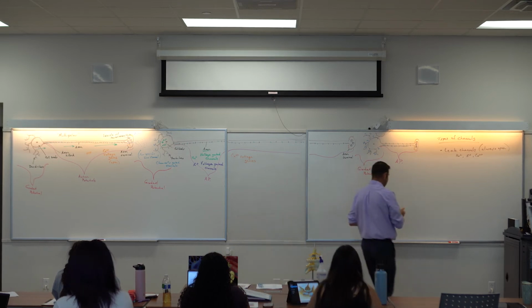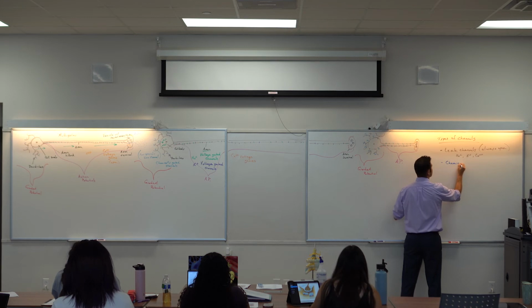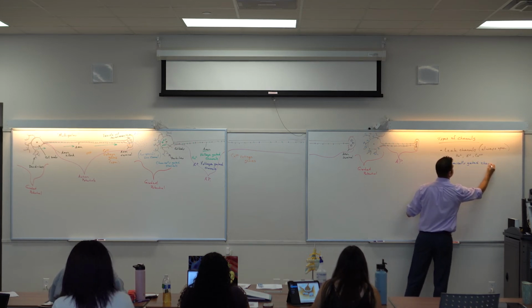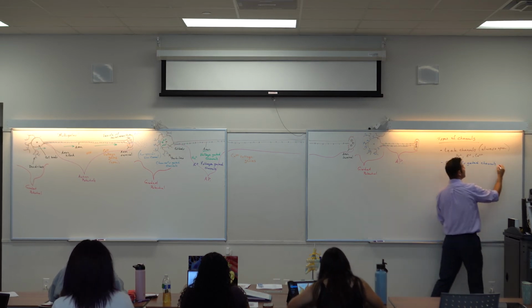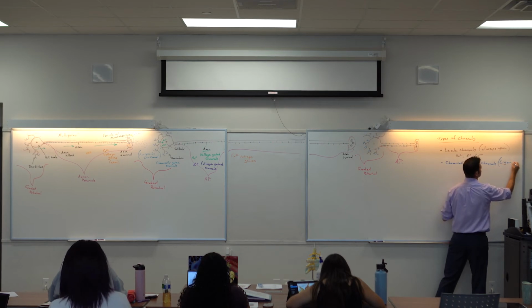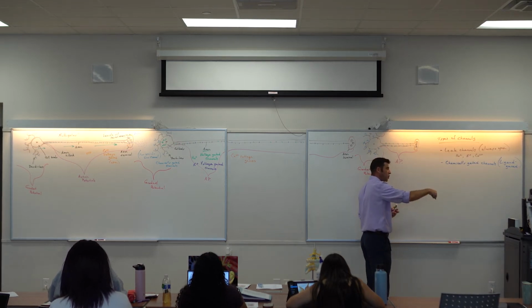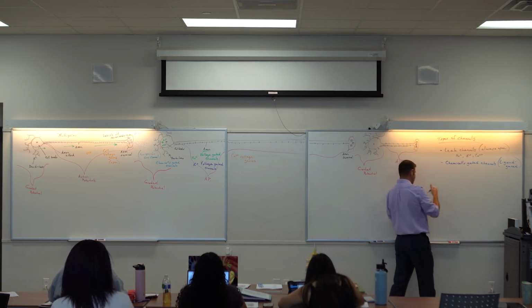We said there are chemically gated channels. They open and close based on the presence of a chemical signal. Sometimes these are called ligand gated. The ligand is the chemical signal that docks to the channel and causes it to change shape. So ligand gated channels and chemically gated channels are the same thing.